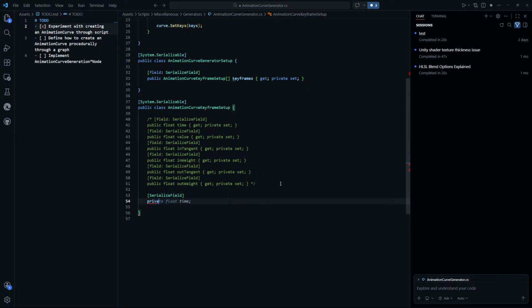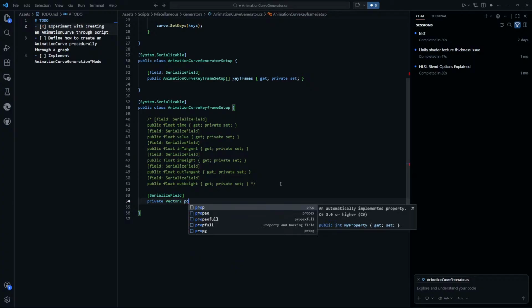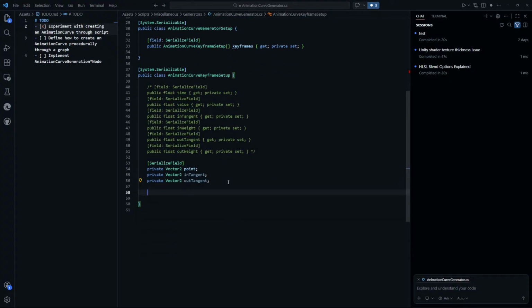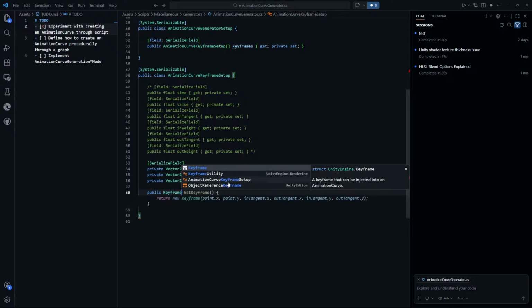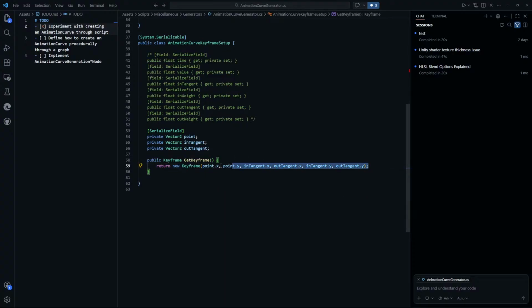What if we do something like this? Private vector 2 point, private vector 2, private out tangent, and then we do public keyframe, get keyframe, but we want to calculate some stuff here.